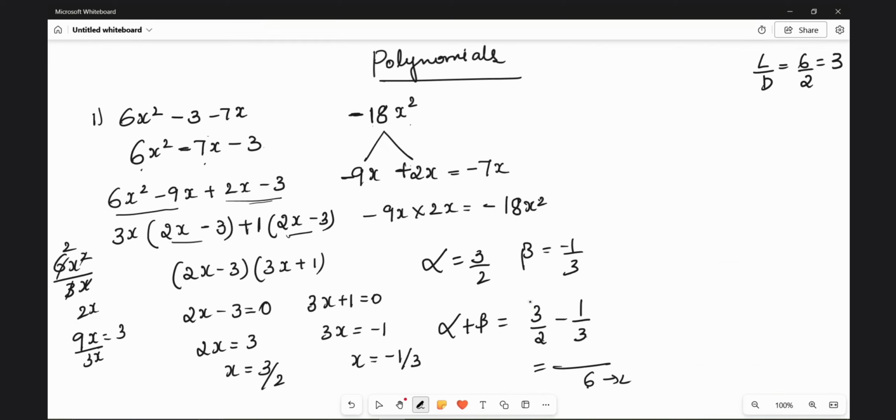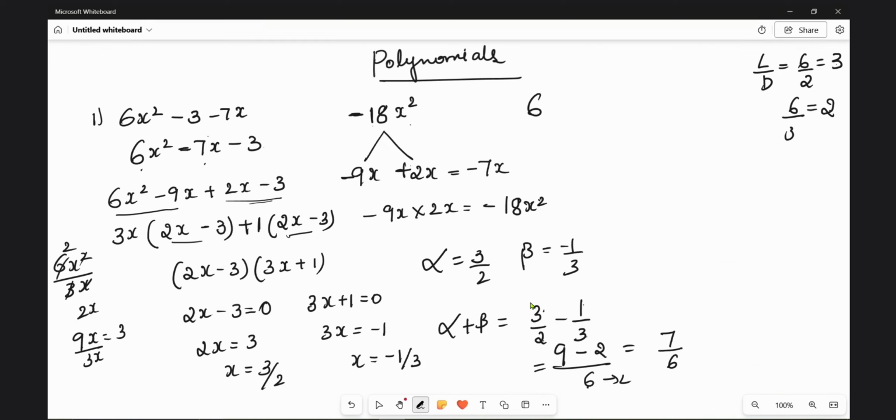This 3 you will multiply with the numerator. So you will get 3 3s are 9. Minus again 6 by 3 here, you will get 2. This 2 you will multiply with the numerator. You will get 7 by 6.